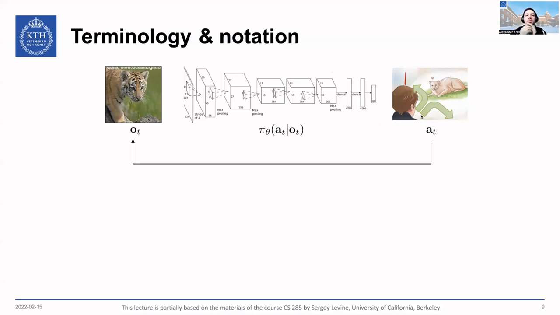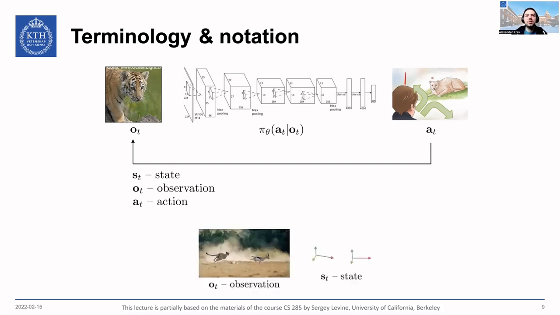After we get the action from the observation, we usually execute this action, and this brings the system to a new state where it will provide a new observation at time t+1. Here I mentioned the state, and the state is quite different from the observation. Let's say in the situation where we have a cheetah chasing a gazelle, the observation could be, for example, the image or a video, or usually a single time point, just an image or some other sensor data.